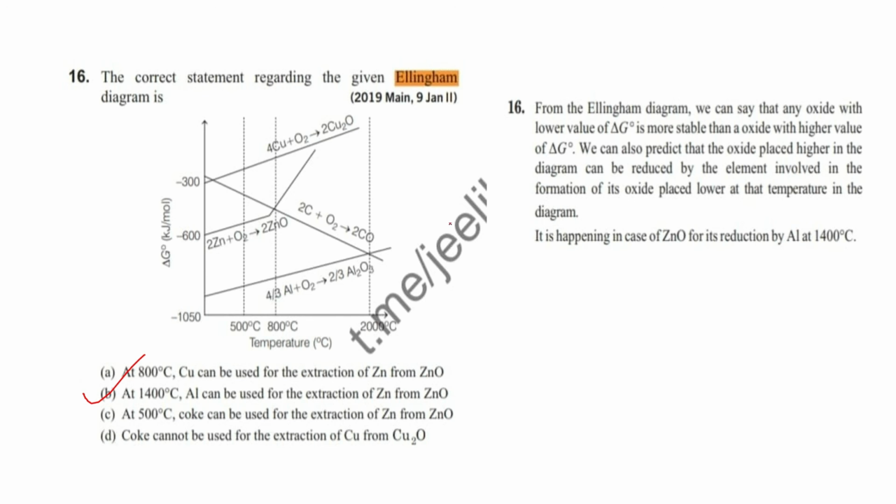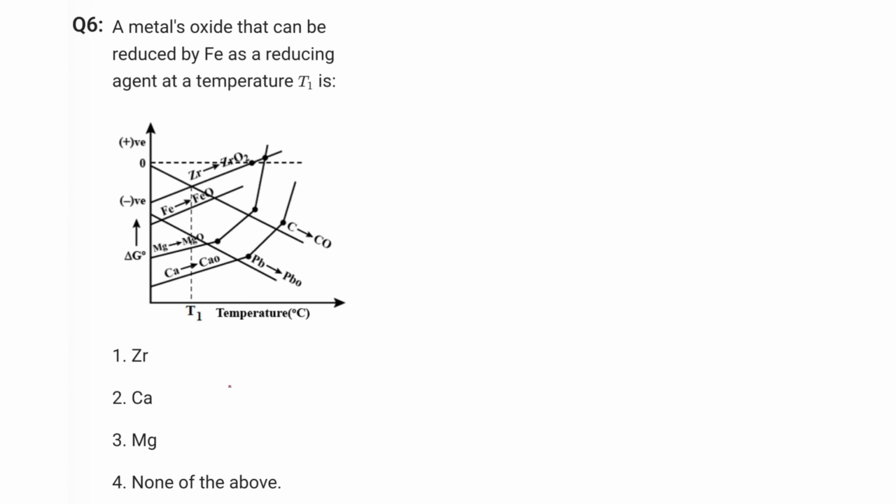Okay, now moving to the next one, right? So this Ellingham diagram has been given to you. This is your question number 6. This is the question from the NCERT. A metal oxide that can be reduced by the Fe as a reducing agent at the temperature T1. So this is the temperature T1, right? And you want to reduce a metal oxide, right?